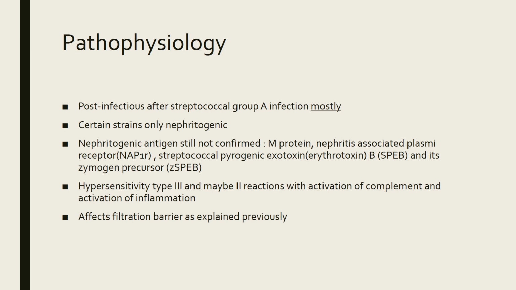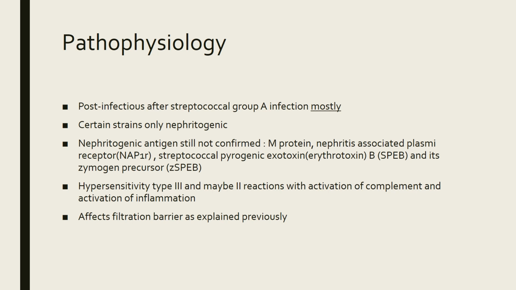To this day, nobody knows for sure what the nephritogenic antigen is. It has not yet been confirmed, but candidates along the years have included things like the M protein. Why the M protein? Because you remember that there are certain M protein strains associated with nephritis, whereas others are associated with rheumatic fever.